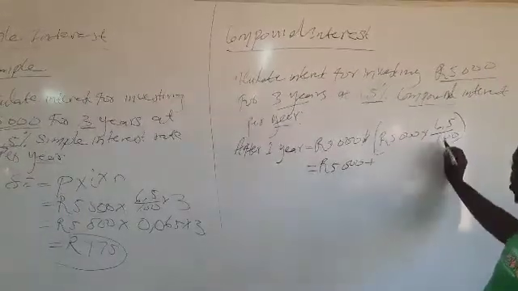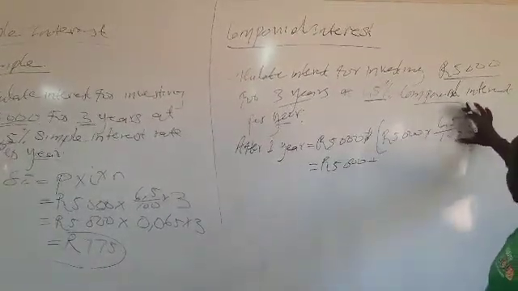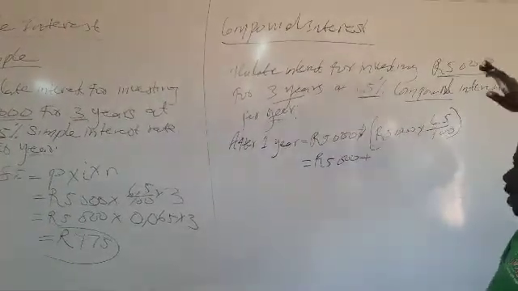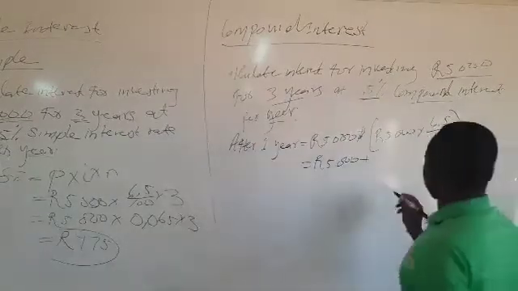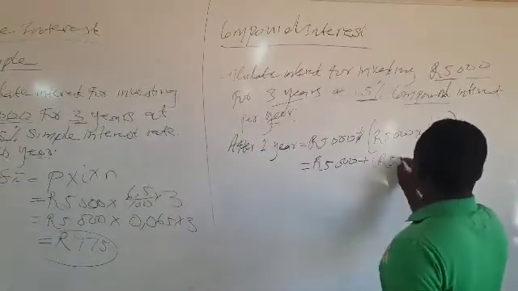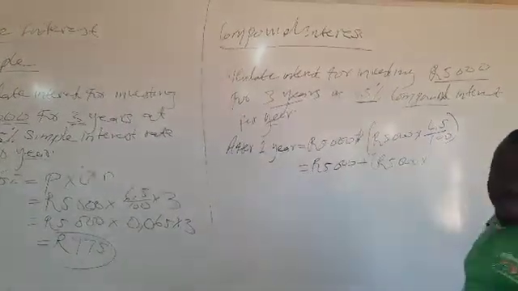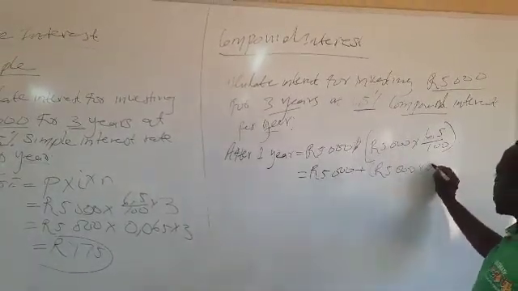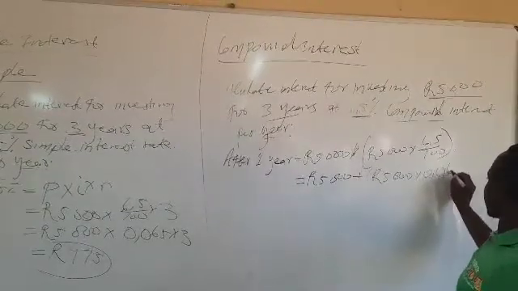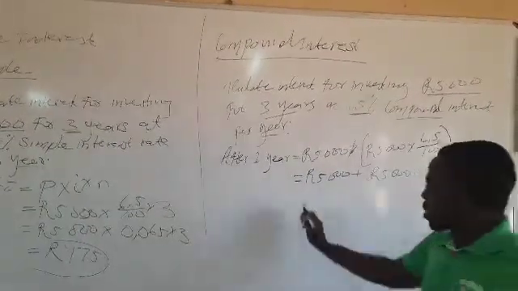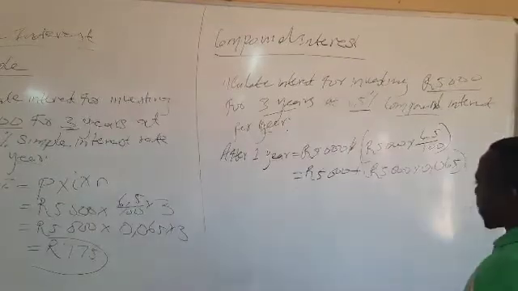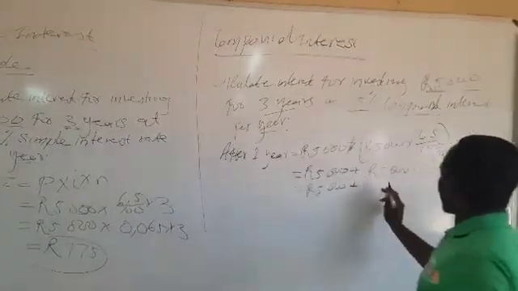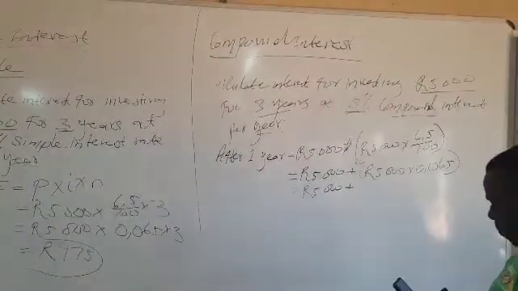First, you must change the 6.5 from a fraction to a decimal, so that you shouldn't be confused. Then you say 5,000 multiplied by, when we say 6.5 divided by 100, it is 0.065, close bracket. So it's equal to 5,000 plus 5,000 multiplied by 0.065.